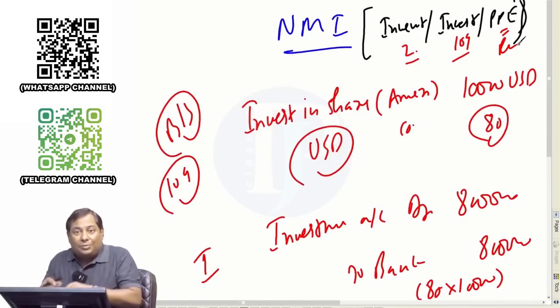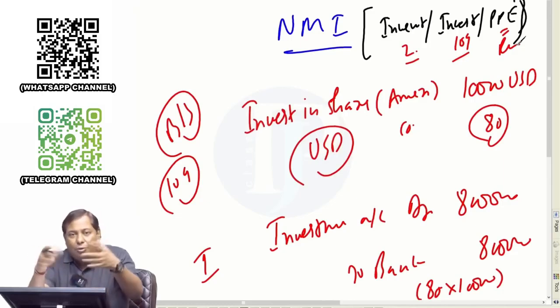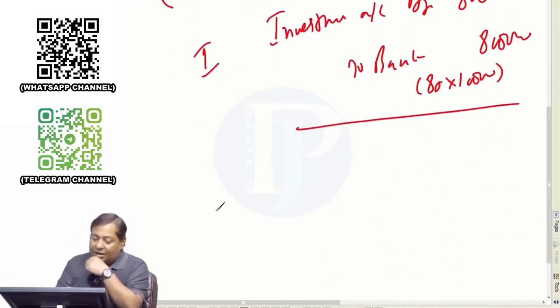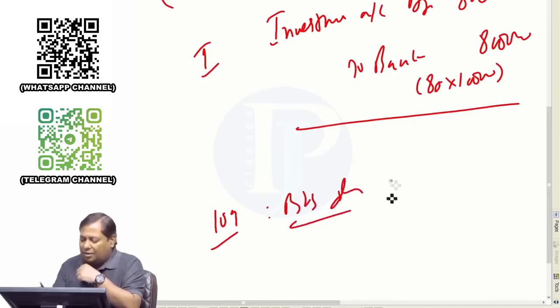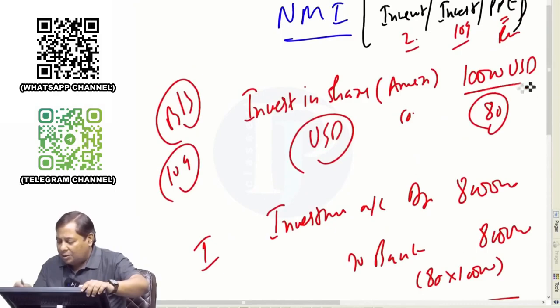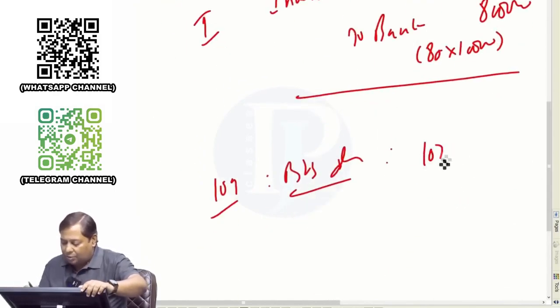Here I explained the breakup of the exchange and fair value. It's possible, right? 21 says to forget non-monetary, but 109 says to do the valuation. So what did we do next? Under 109, we checked the balance sheet date to find out what the fair value is today. Okay, clear? It was found that the shares you bought for 10,000 USD were worth 10,200 USD on the balance sheet date.